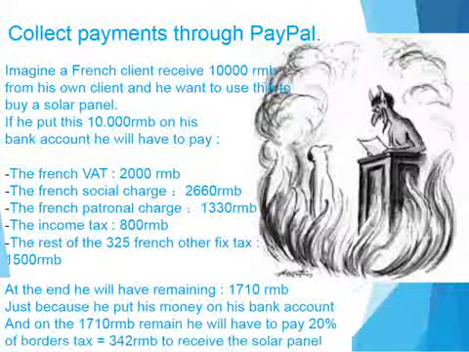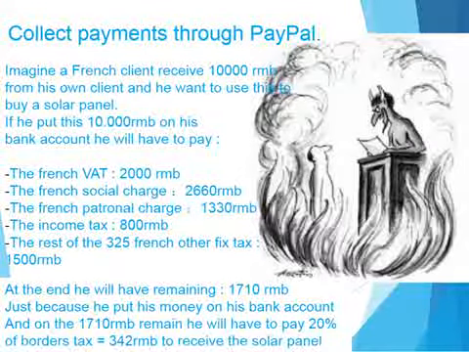In France, if you want to sell a solar panel at 10,000 RMB, a French guy needs to receive 10,000 RMB somewhere to be able to have this money and give it to you to buy your solar panel.